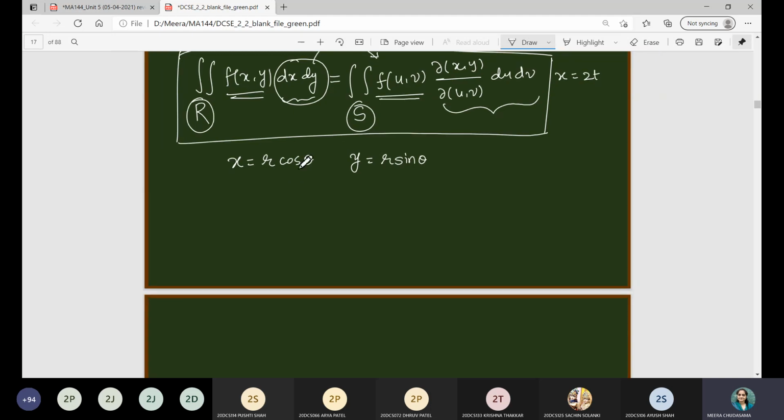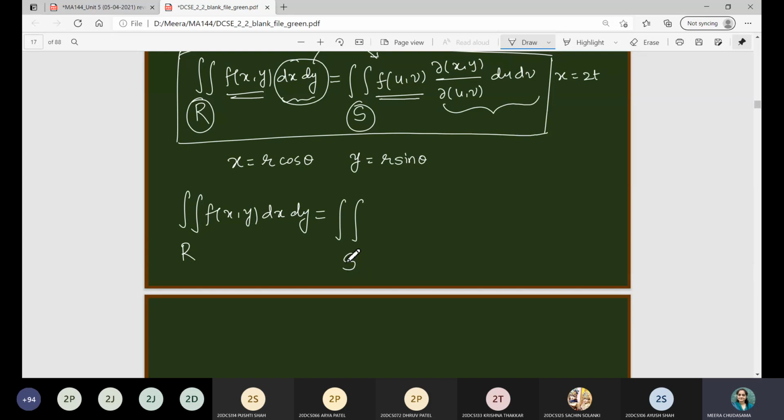So in this, u can be considered as one variable, r or theta, and v can be considered as another variable. It means r is the variable I have taken, then v is theta, or vice versa. In this case, for any Cartesian double integration, suppose you are given f of x, y dx dy, the corresponding region will be changed.